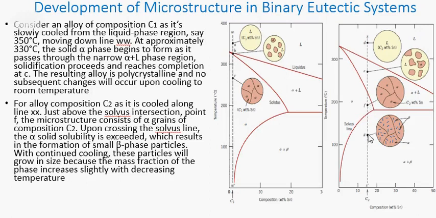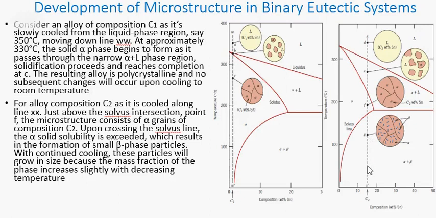As you move from F to G, beta begins to form, and you can see beta forming in G, because this is the region of alpha plus beta. But as you move down, more of beta is formed. Here it says that these particles will grow in size. It means beta will grow in size as you move down from G downwards.